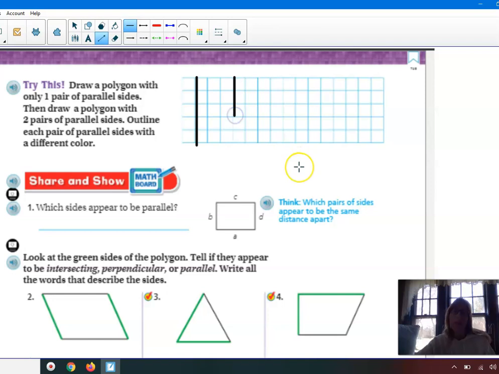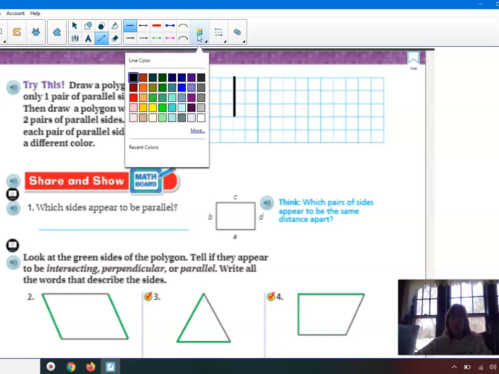But I'm not going to make it as long because it wants a polygon with only one pair of parallel lines. Then draw a polygon with two pairs of parallel lines. Okay, now I can't outline mine in different colors. So here we go. You've got right here and right here. Let me see if I can try to change it.